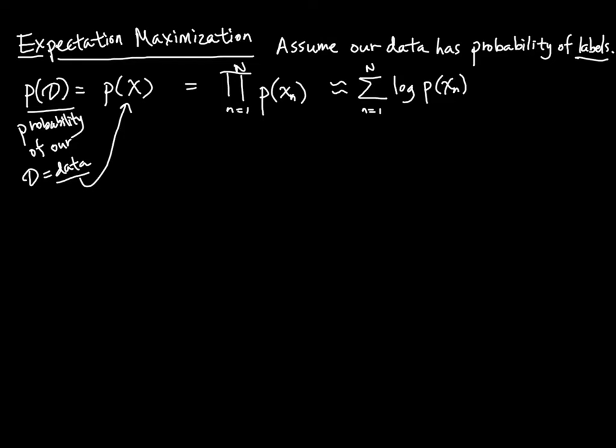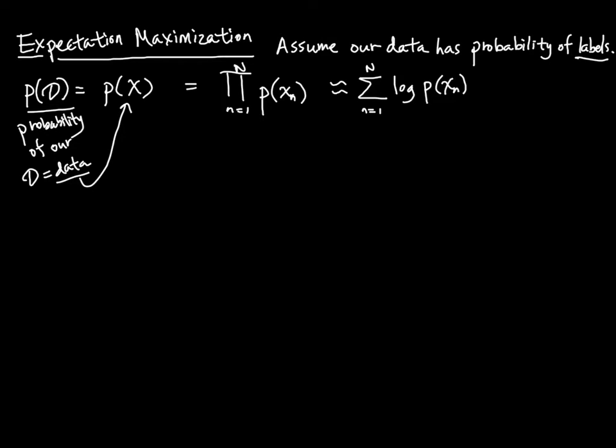And when you're trying to maximize the probability of X happening, you know that we have n data points. So we want to maximize the probability of n data points happening, right? So we multiply all the probabilities together and we try to maximize that amount, right?